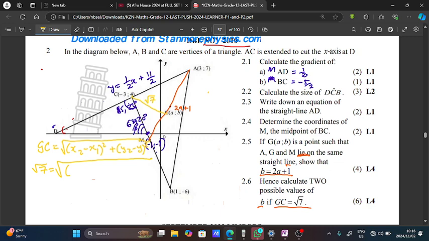Are you starting at C or at G? Let's start at C. It will be negative 3 minus a, all squared, plus, then what would be the value? We started at C, that would be 4 minus, what will be the value of y here?